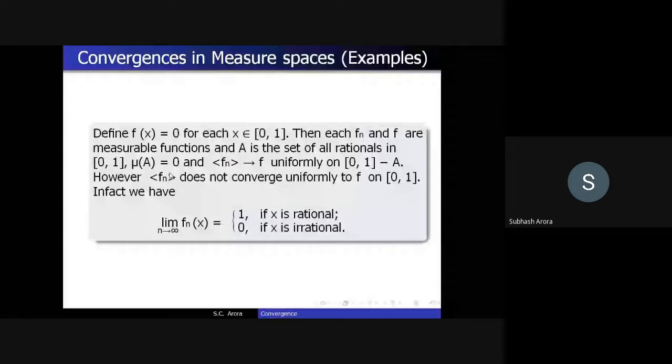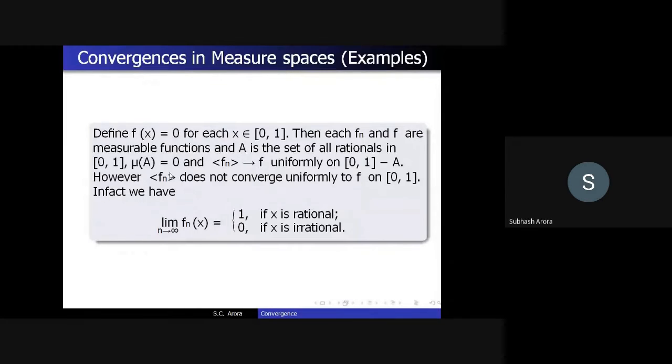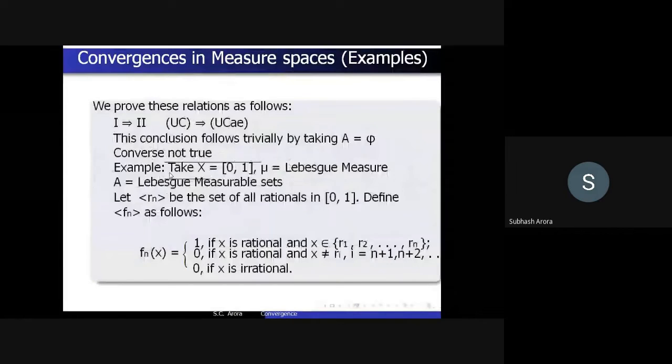However, Fn does not converge uniformly to F on the whole interval 0, 1, because the limit of Fn x as n tends to infinity is equal to 1 if x is rational and 0 if x is irrational. Why is this so? Because if x is rational, then x would be equal to some Ri, and therefore Fn x after that Ri would be equal to 1.